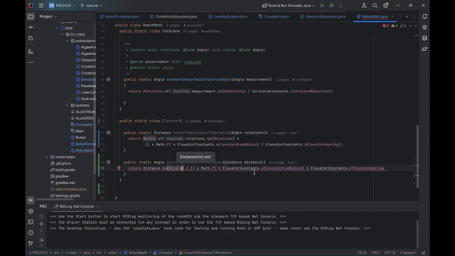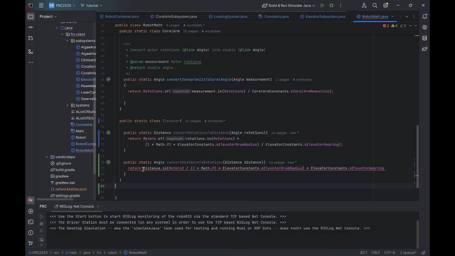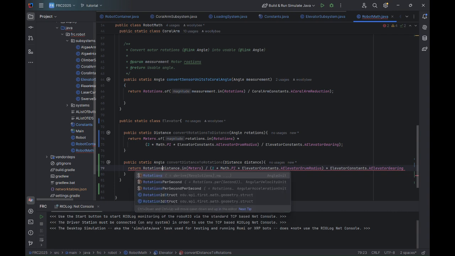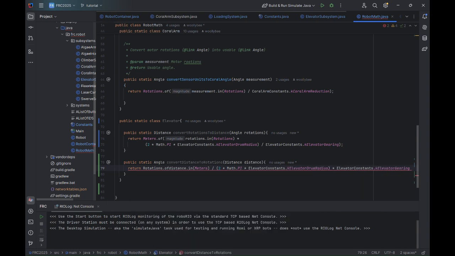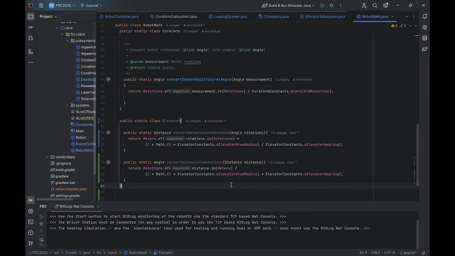We need to convert it back to doubles, so the value, and this should be good to go.